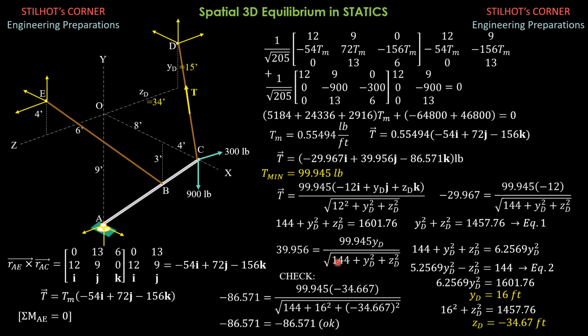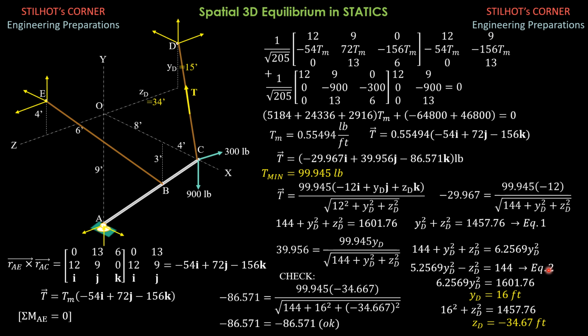Then cross multiply: 144 plus YD squared plus ZD squared equals 6.2569 YD squared. Simplifying, combining like terms, 6.2569 minus 1 gives 5.2569 YD squared, then minus ZD squared equals 144. Equation 2.